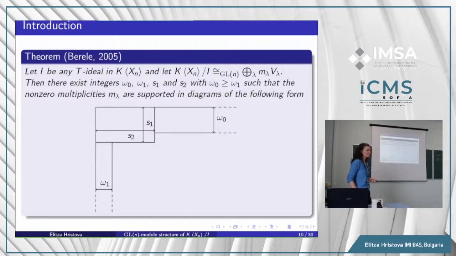Okay, I have, in fact, two, but not very professional questions. One is, have you studied a connection between the algebraic properties of the algebra itself, the relatively free algebra, and the invariant algebra? Have you ever studied some kind of correlation?